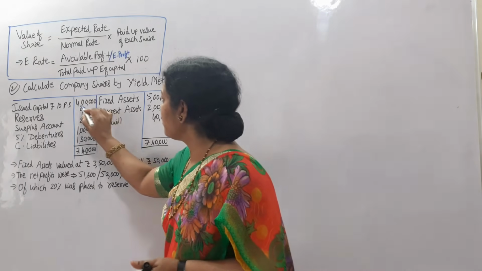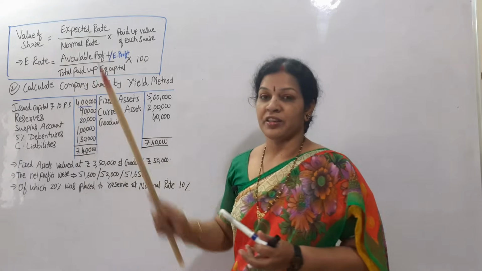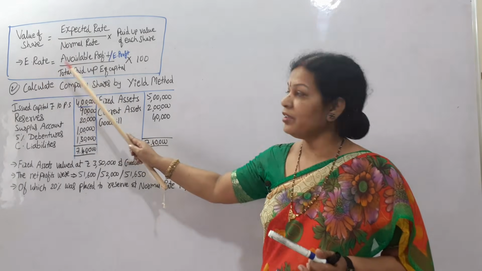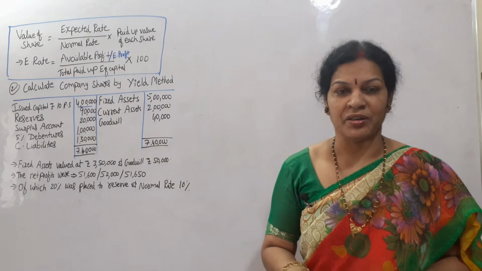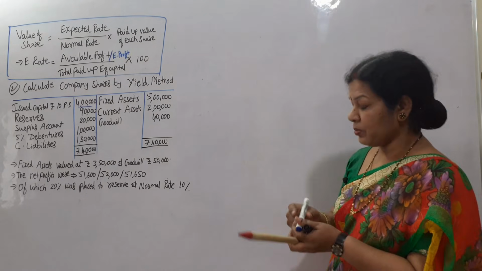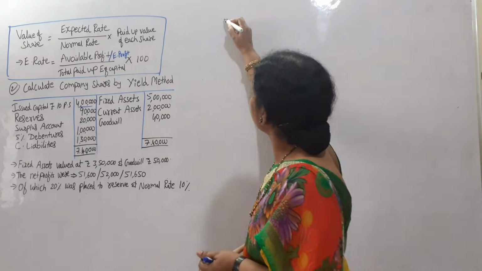Expected profit by total equity capital, 4 lakh, into 100, so that you will get the expected rate. Now what is needed for this? Available or expected profit, that we need to calculate. So first step, calculation of expected profit.